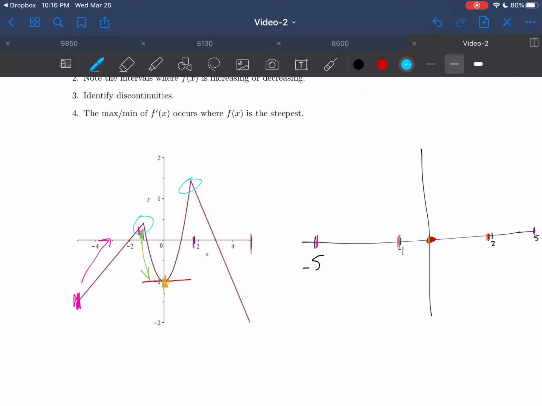And then the last step, we've got the min and max of our derivative graph occurs where f of x is the steepest. Okay. And on this one, it's kind of hard to tell.